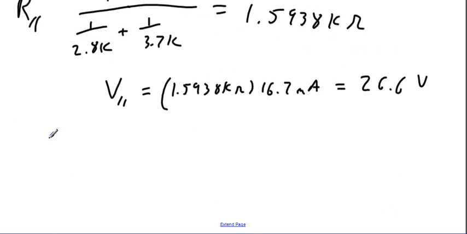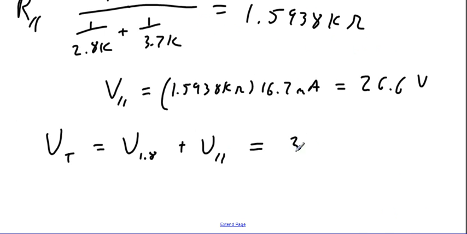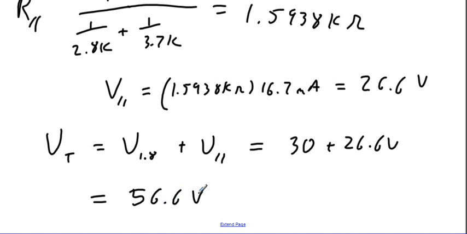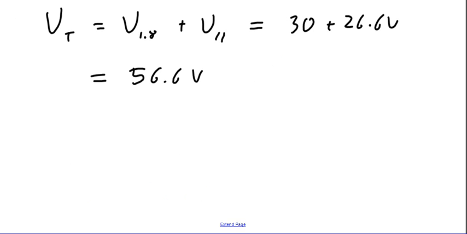All right, so voltage total has to be the voltage across the 1.8 guy plus the voltage across the parallel path. 30 plus 26.6 volts. So 56.6 volts. And then I'd say, well, I really only have two significant digits in the problem. So my final answer for voltage total max, the maximum voltage allowed, is going to be 57 volts.